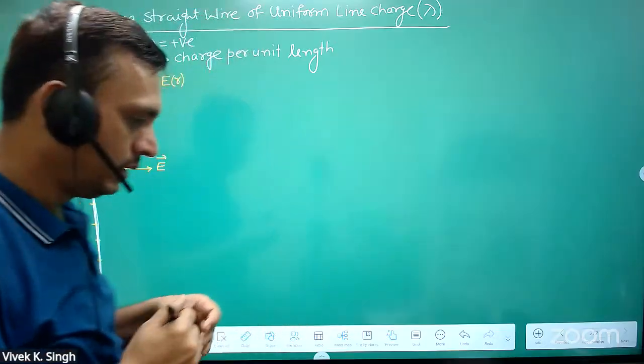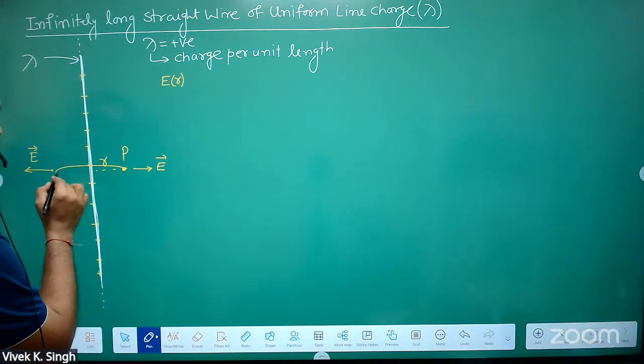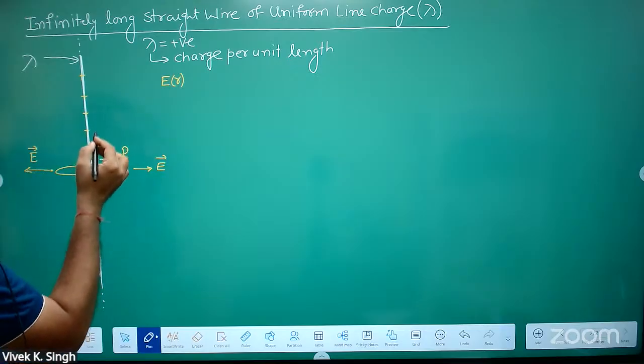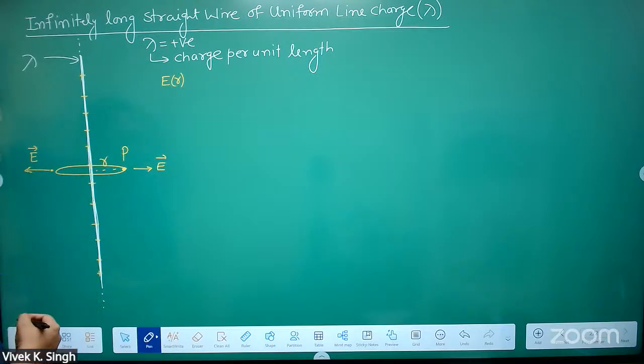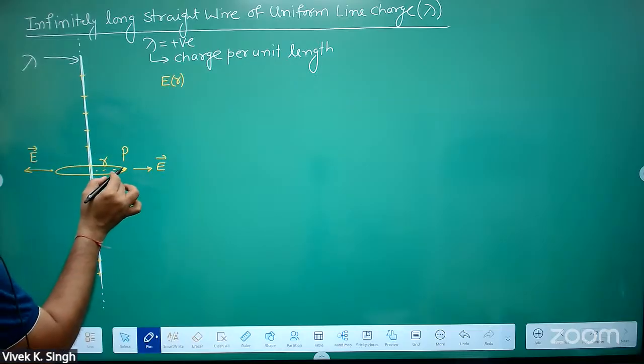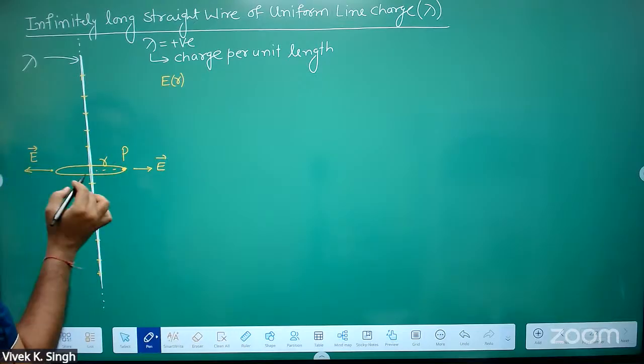Radially outward. तो अगर हम एक circle draw करें of radius r, so at each point direction will be radially outward.